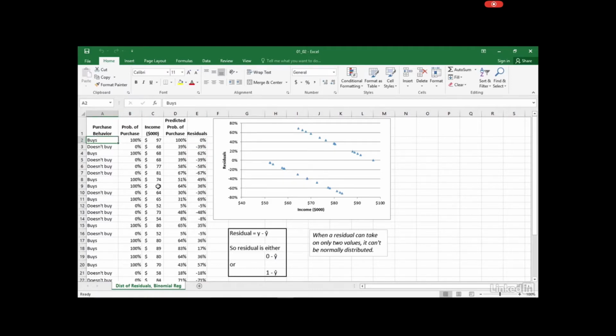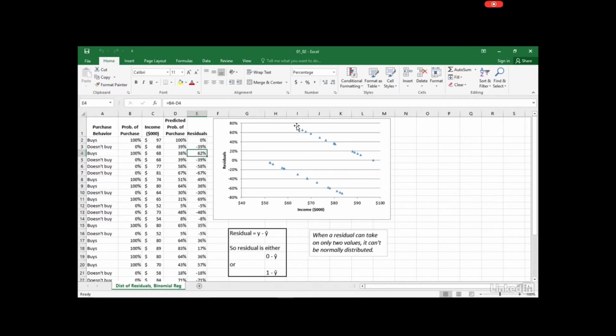What we're doing in calculating the residual is subtracting the forecast value called y hat here, y with a caret over it, and that's the predicted value, and we're subtracting it from either 0 if the person's probability of purchase was actually 0% because he did not buy, or it's 1 minus the predicted probability, and that would be 100% minus the prediction for a residual of 62%.